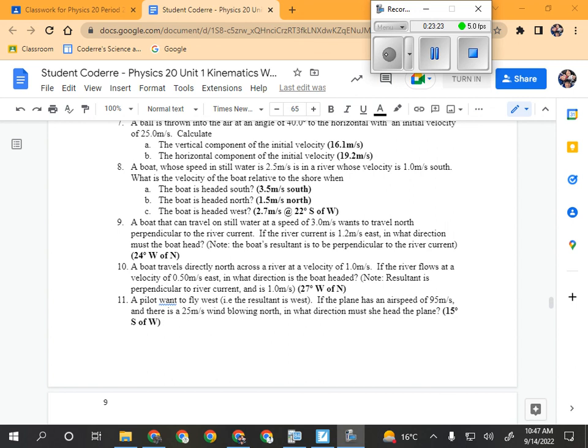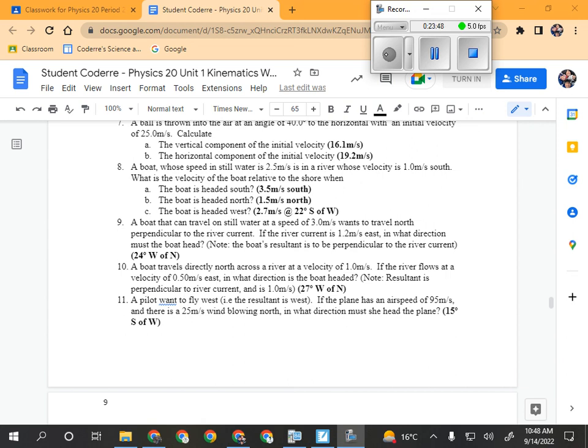Okay, so on these boat questions, how tricky is the wording? Very. Yeah, okay, but here's what you have to remember about any boat question. There are 3 velocities: boat velocity, current velocity, resultant velocity. If it tells you a boat can go this fast on still water, that's the boat velocity.